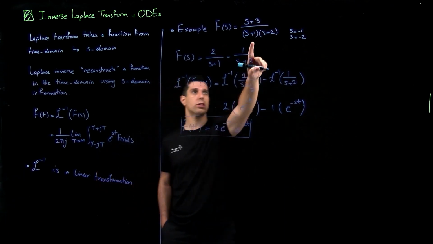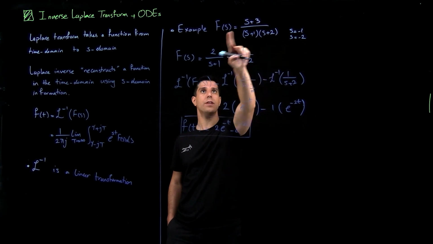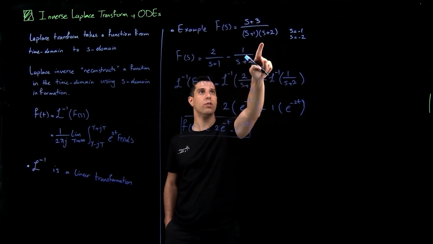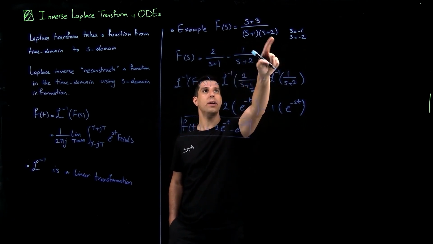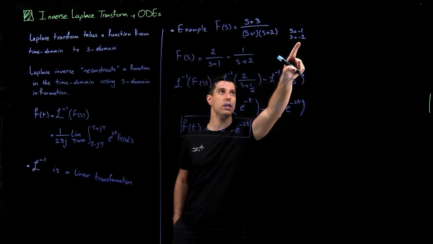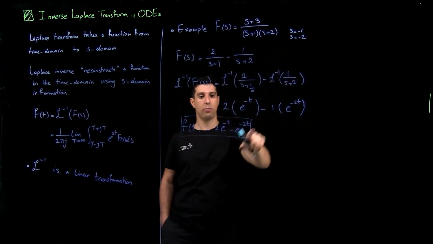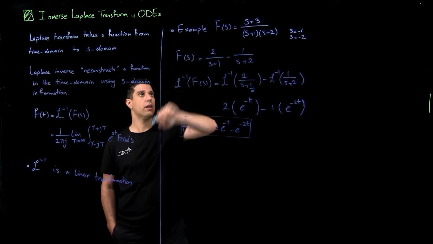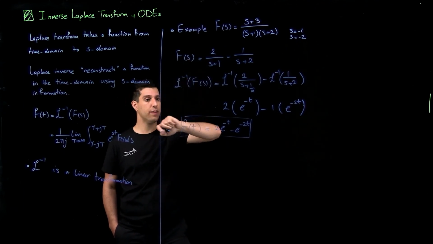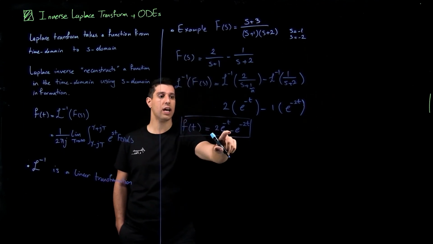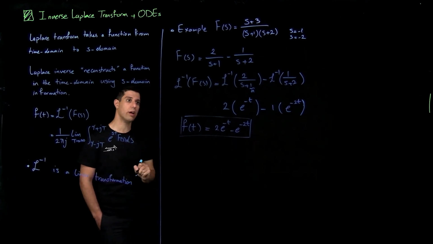So the poles, remember, where F of s was infinity, equivalently when the denominator was 0, are the poles. Poles of a function F of s define how the function will look in the time domain.